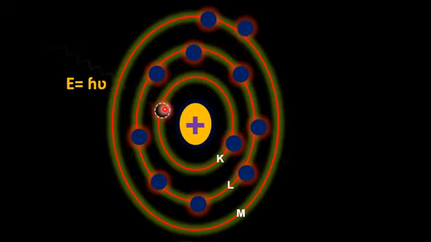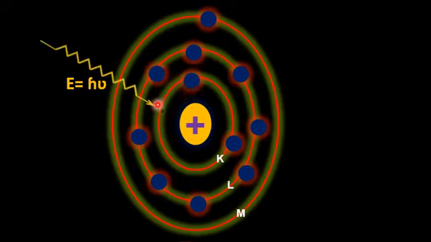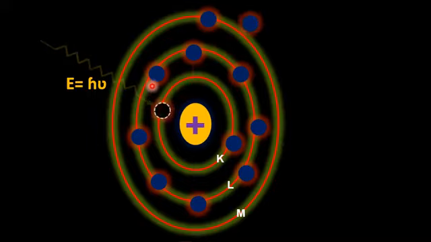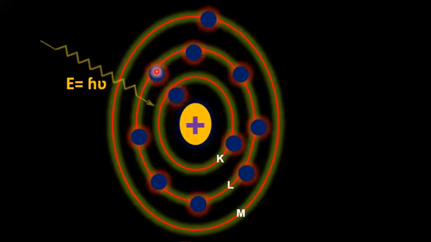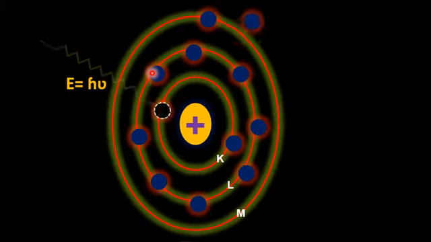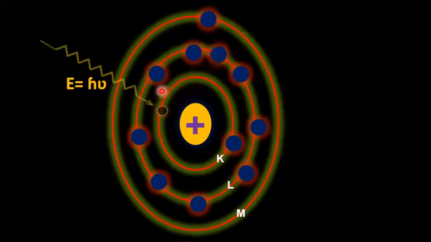Student, please note that an electron at a higher energy level has higher energy as compared to an electron present in a core shell or lower energy level. So when an electron from the L energy level jumps into the core K energy level, it will release some amount of energy in the form of characteristic X-rays.